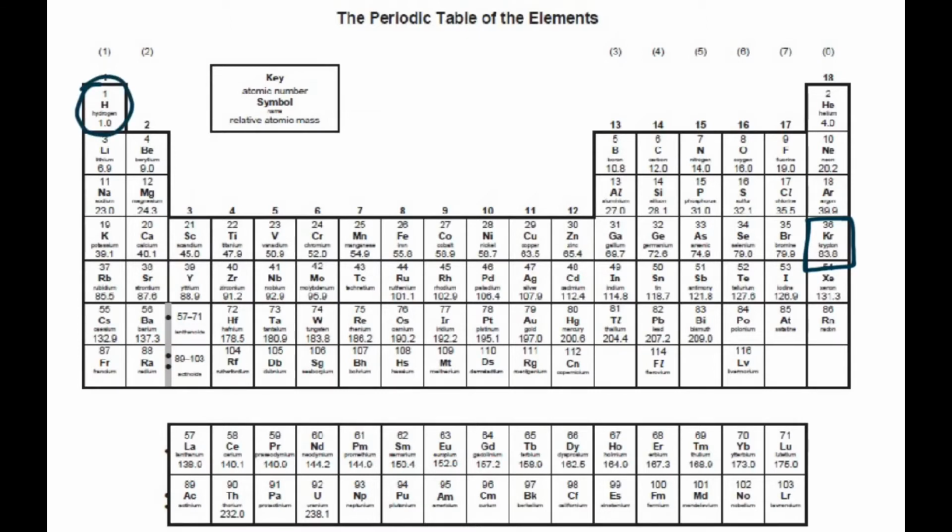If you have the nucleus down the bottom and the first shell, then at GCSE you would just say hydrogen has 1 electron, and the GCSE electron structure is 1. But we're going to go into a little bit more detail for A-level.